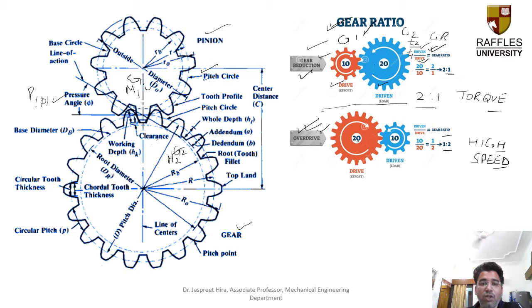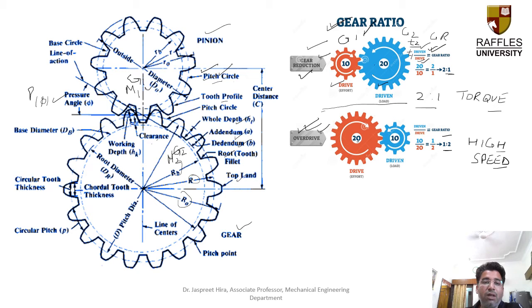If we say this is your pinion and this is your gear, then we can define certain elements in it: the pitch circle, tooth profile, the depth, the addendum, dedendum, the root, the top land, and these radii being mentioned here: R, RB, R0, and this is the line of center. The line of center meets the center point of the pinion with the center point of the gear.